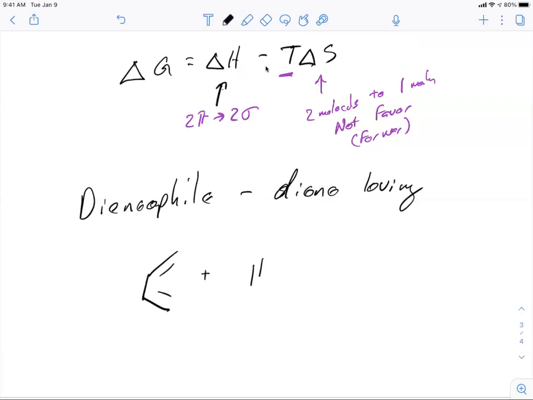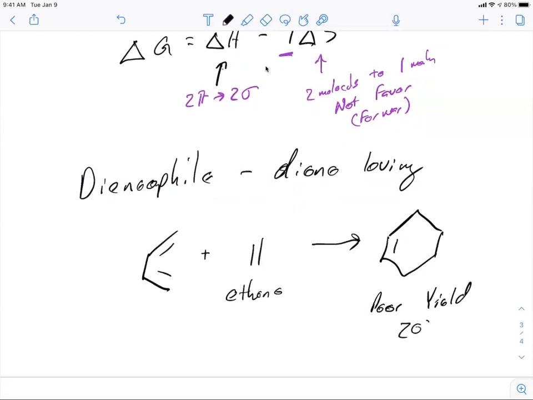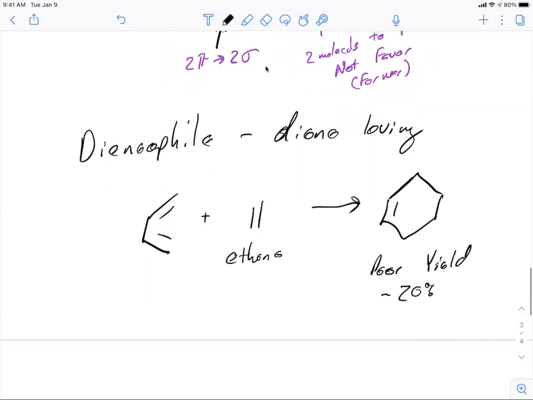So if we just took this one, just ethene, and had that react to give us just this cyclic product, we get a poor yield, roughly about 20% yield. The reason for that is the electronics between these two species.